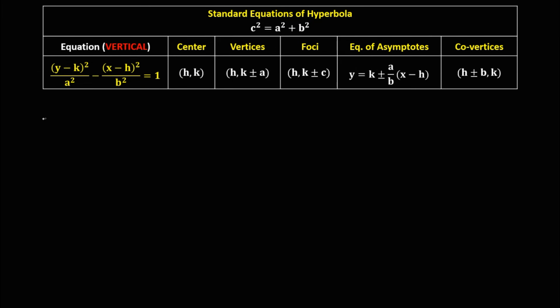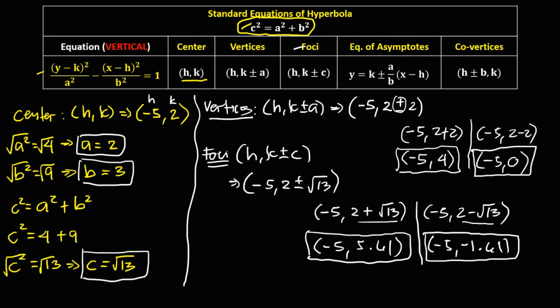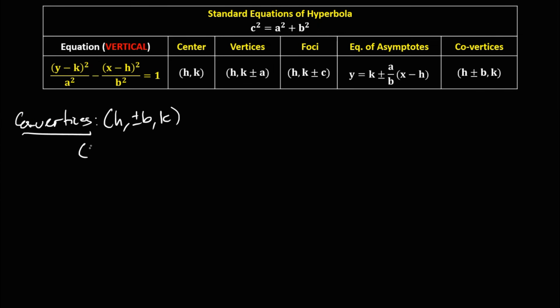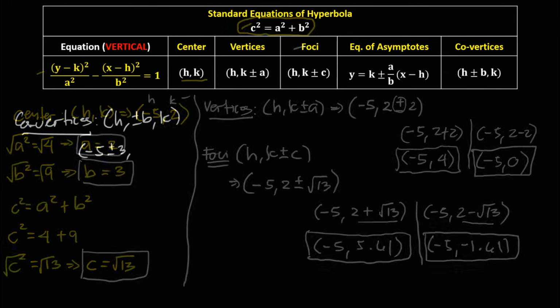Then for the co-vertices, the formula is h plus minus b, then k. Then substitute now the values. So h is negative 5 and b is 3. So h is negative 5 plus minus 3. Then k is positive 2.